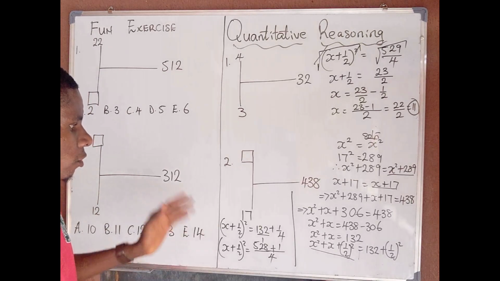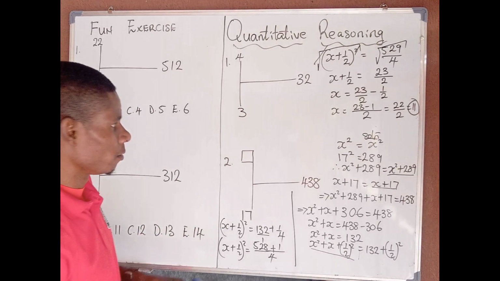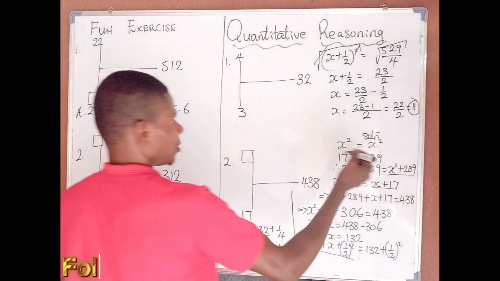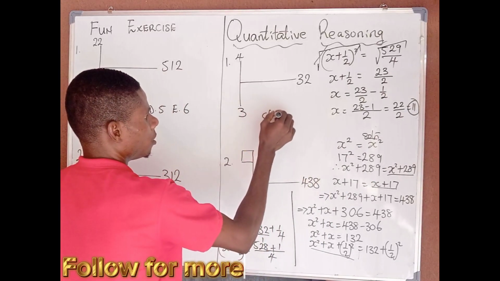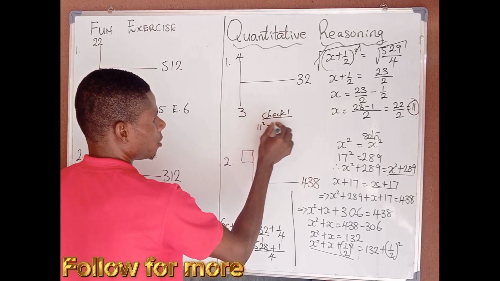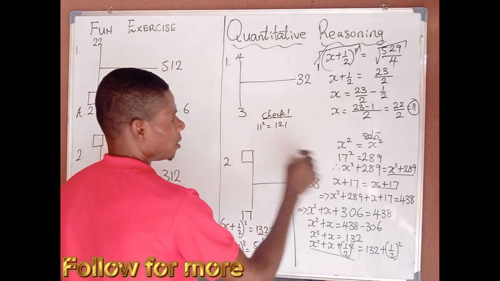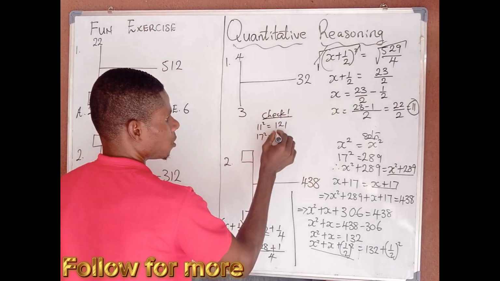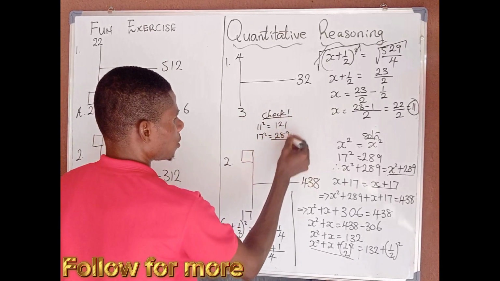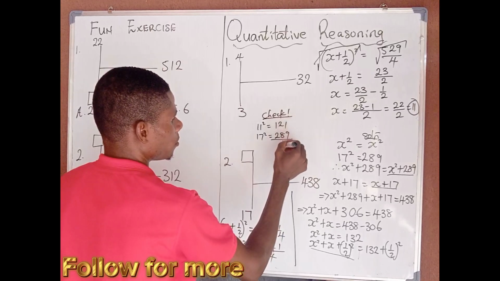Okay. Then let's check whether what you have is correct. Check. So here is 11 squared. 11 squared is 121. And 17 squared is what? 289. Okay, if we add these two together, here is 0, 10, 11.